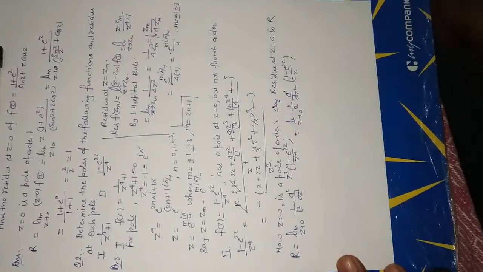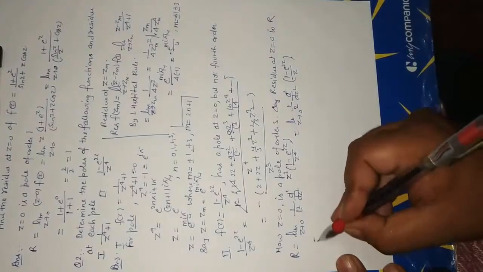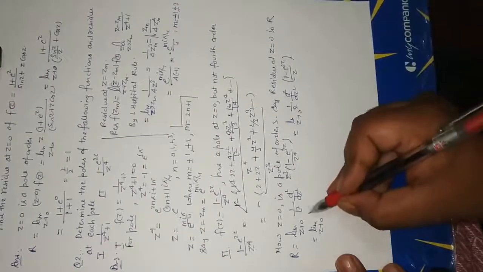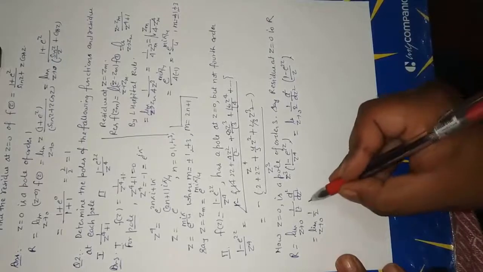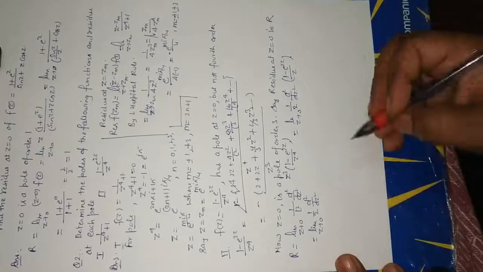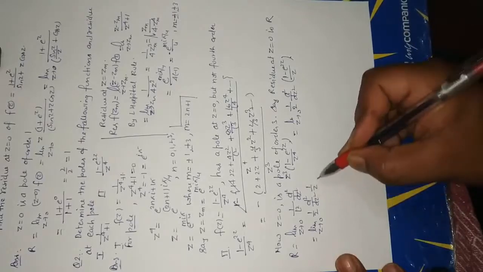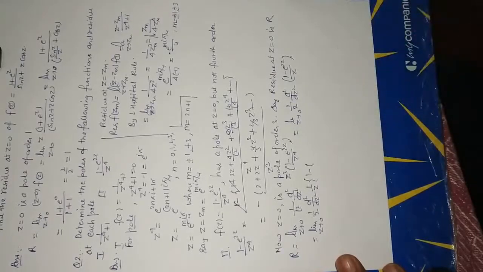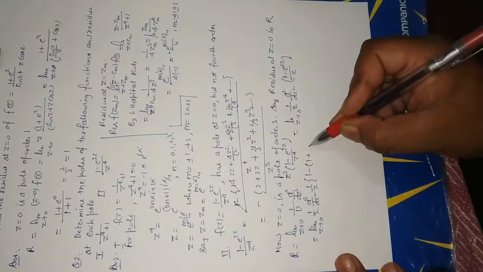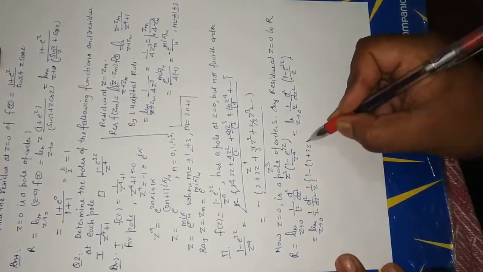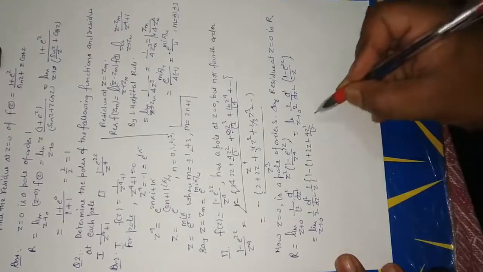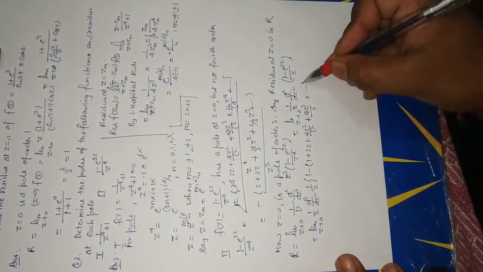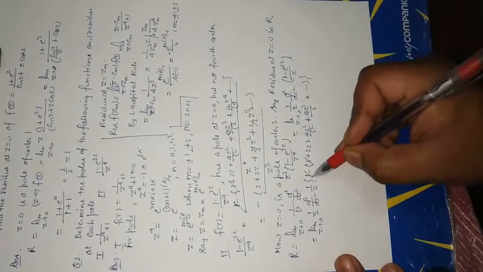Now, 1 upon z times 1 minus the expansion of e to the power 2z, that is 1 plus 2z plus 4z square upon factorial 2 plus 8z cube upon factorial 3, that is 6, plus up to dot, bracket close. 1 cancel by this.